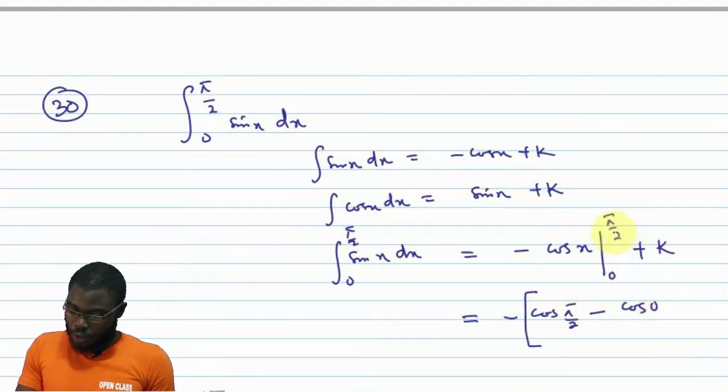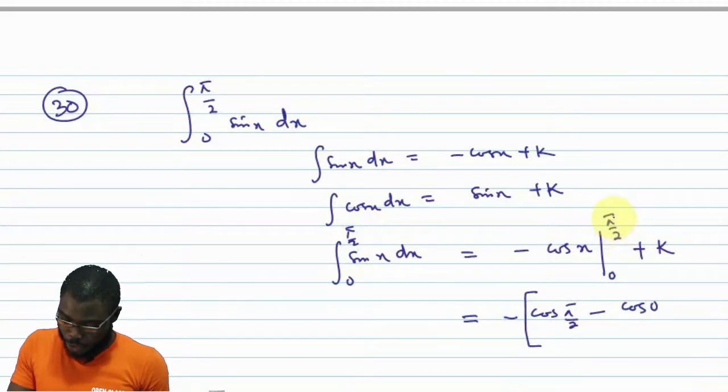What you do essentially is substitute the limits for x. For the upper limit minus the lower limit: for the upper limit, instead of x you have pi over 2, minus cos, instead of x you have 0, which is upper limit minus lower limit, and then plus a constant k.